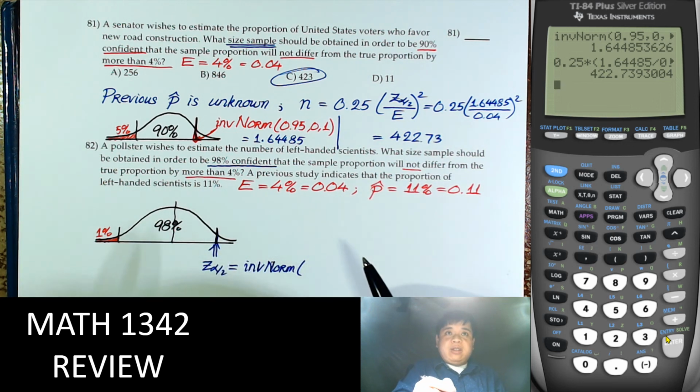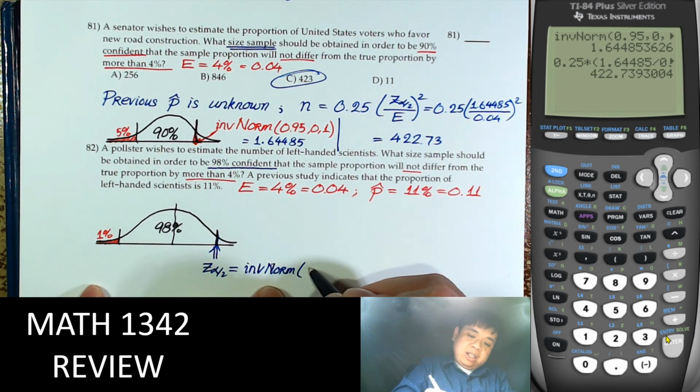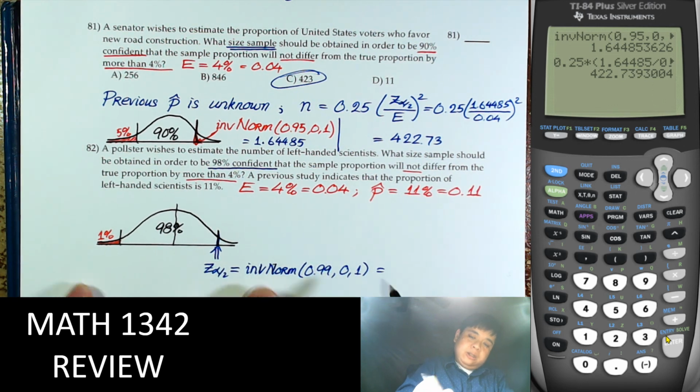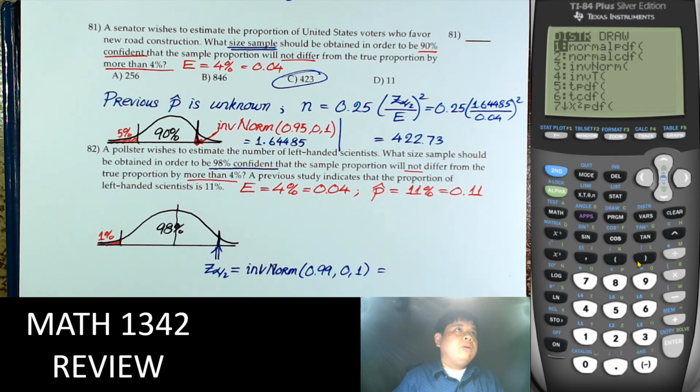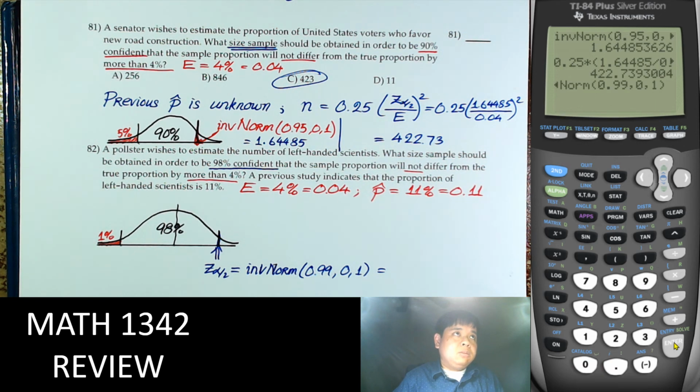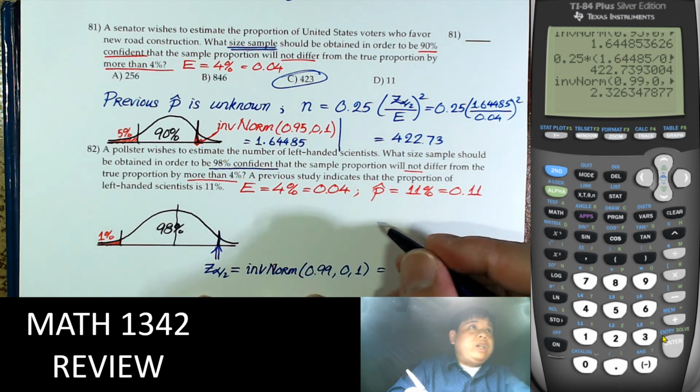All the area on the left, 98% plus 1% is 99%. We have 2.326.